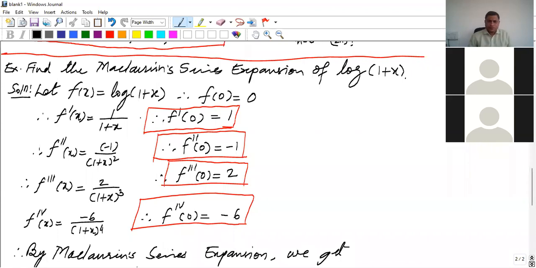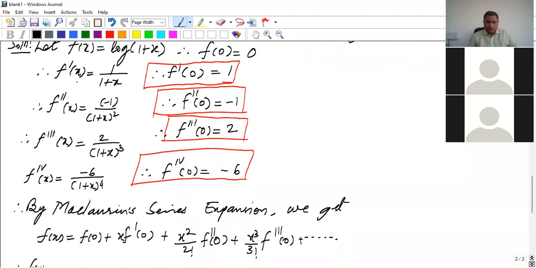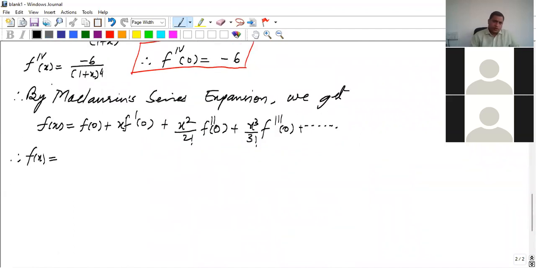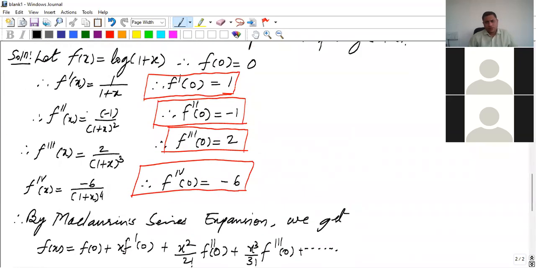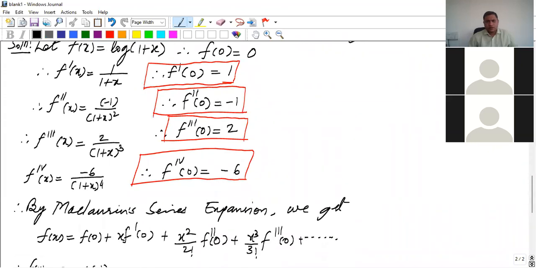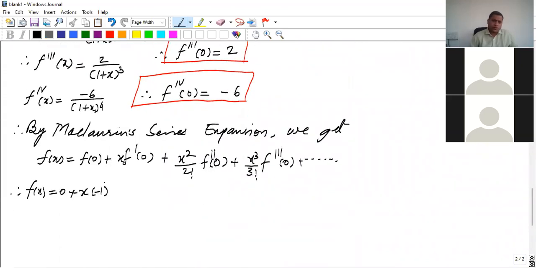It's going to be 0. So if f at 0 is 0, then what we get here? This is 0. Then plus x into f dash at 0, so this is going to be 1. x into 1 plus x square by 2 factorial.